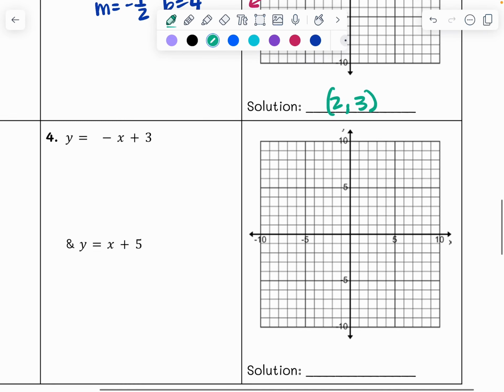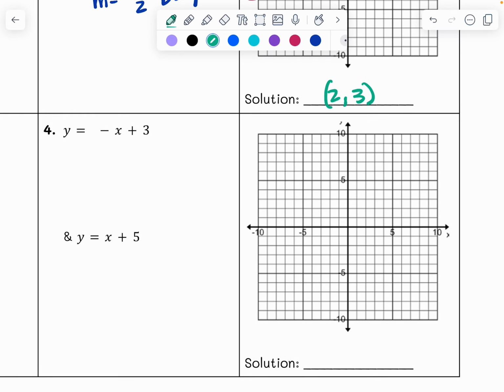Last example, y equals negative x plus 3 and y equals x plus 5. Slope is negative 1 over 1 and b is 3. And y equals x plus 5.